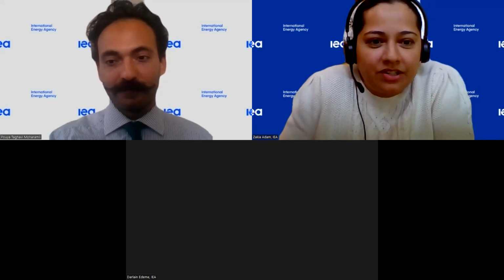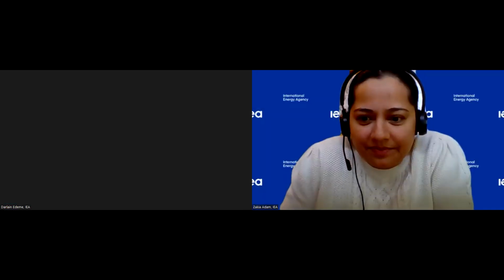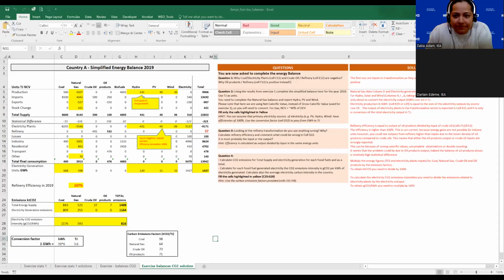So now I will share the exercise sheet. Okay. I don't know if many of you got the opportunity to work on this exercise on balances and emissions. I want to thank the two participants who sent me questions by email.